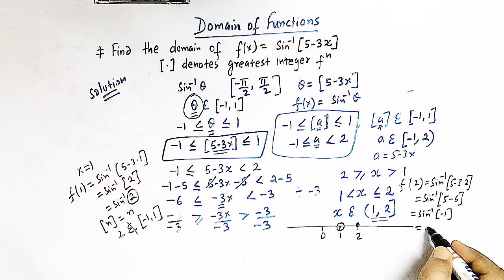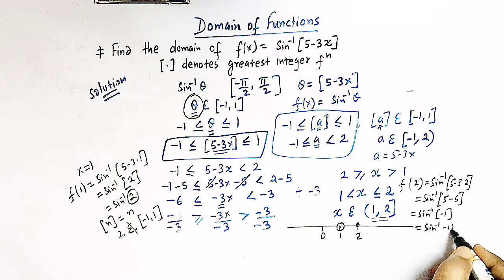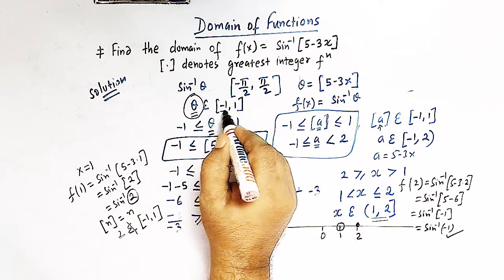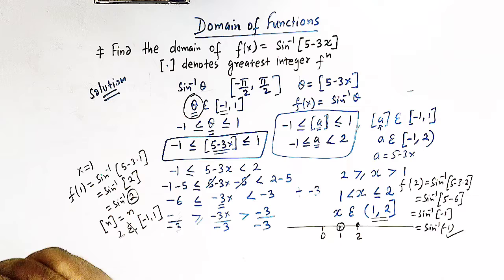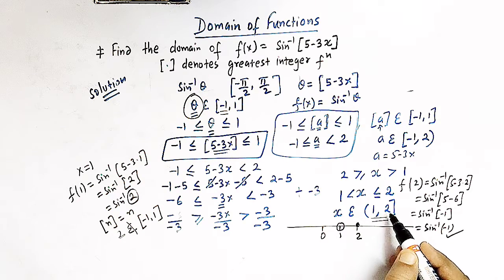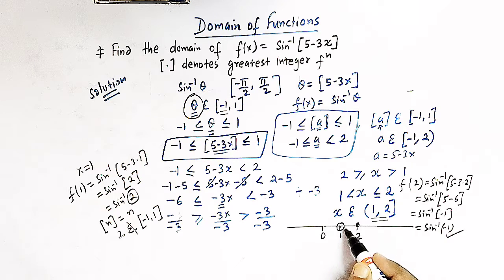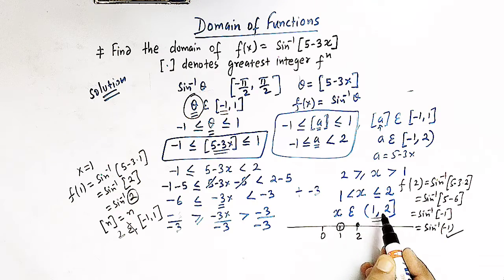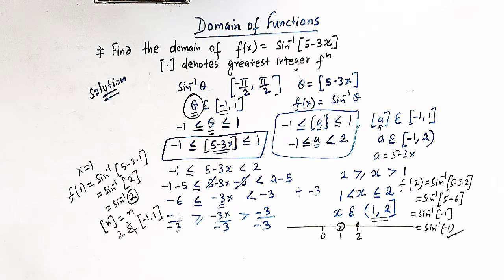So this is sine inverse of minus 1. This is admissible, because minus 1 lies in the interval minus 1 to 1, right? So 1 is not included, but 2 is included, and all the values which lie in this interval are also included.